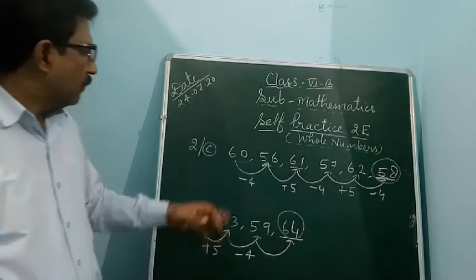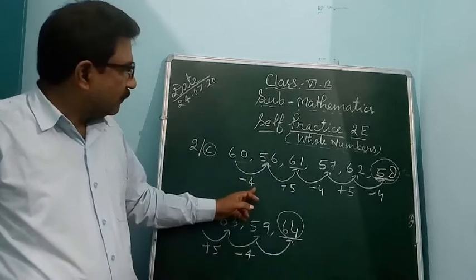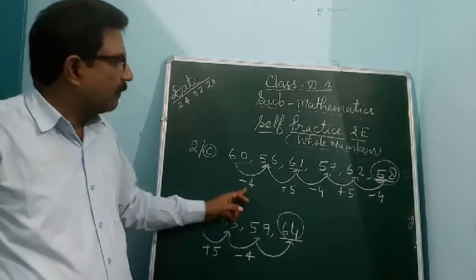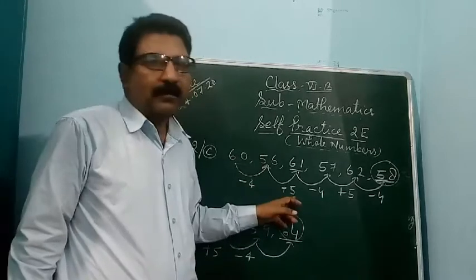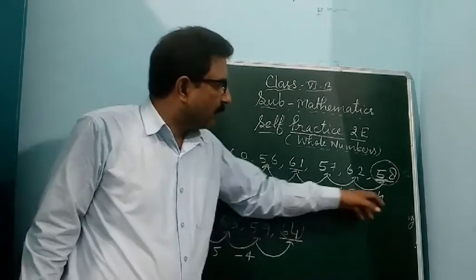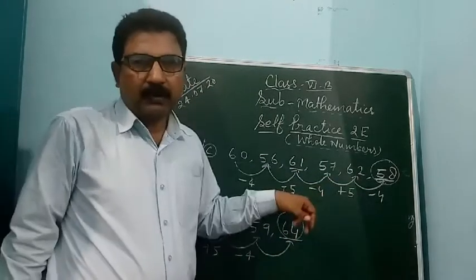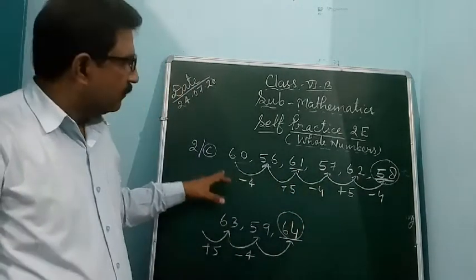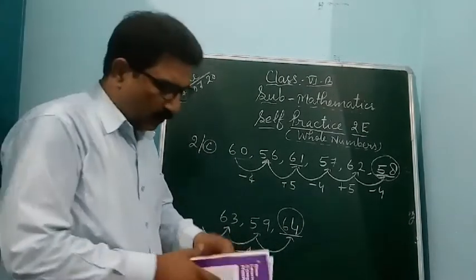The rule is decreasing by 4 and increasing by 5. In this way, you can find the missing numbers in the series or pattern. Next question.